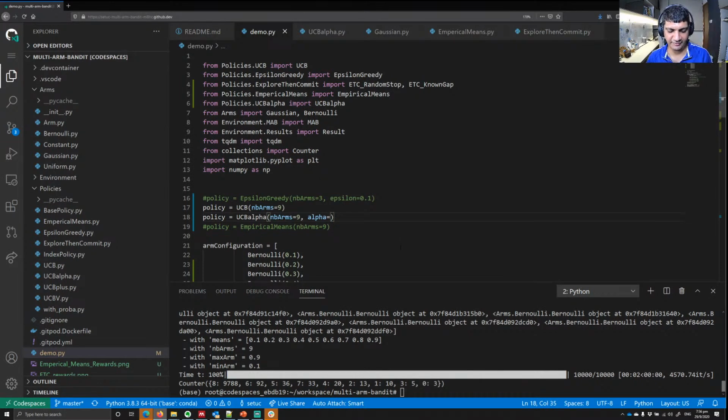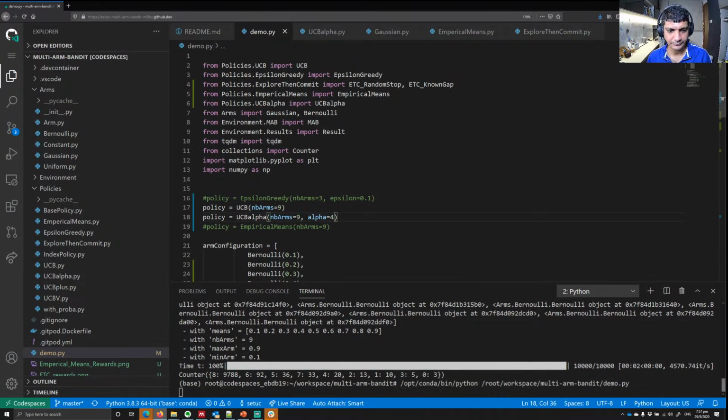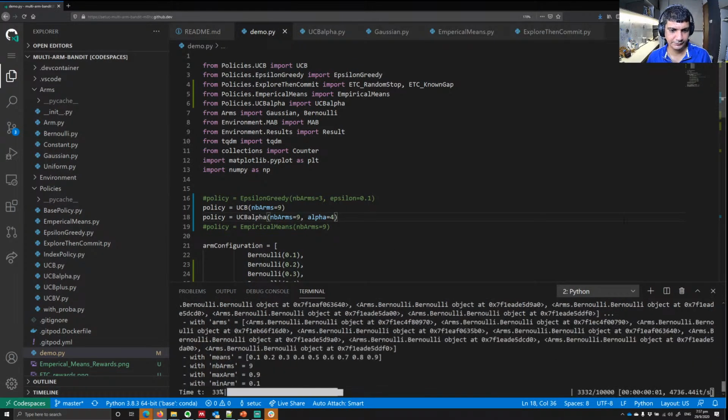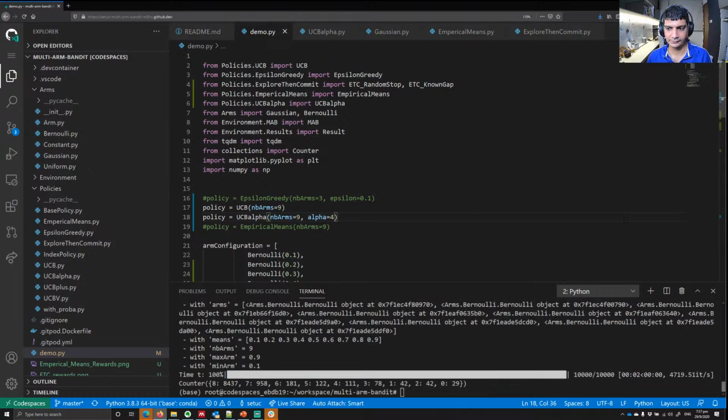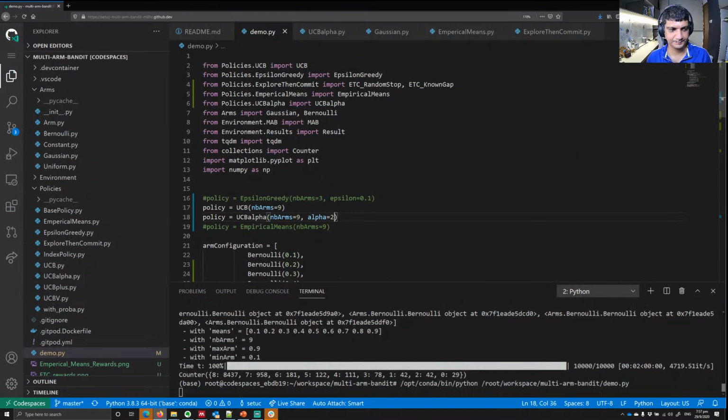If I pick a value of 4, let's see what we get. As you start increasing the alpha, it's a balance of how much exploration you want to do. Let's go back to 2 and run it and see.